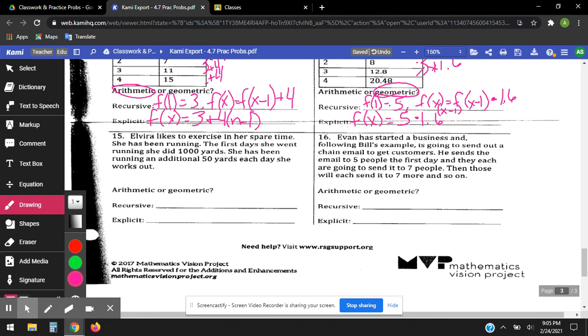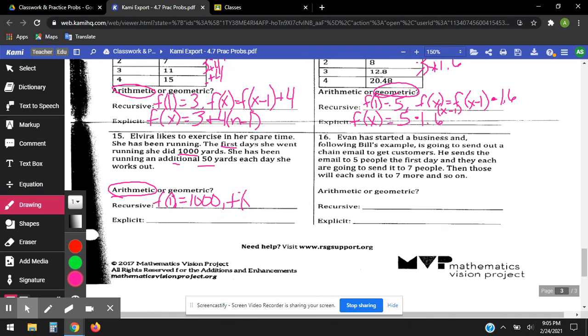All right, last two. Now, Valerie likes to exercise in her spare time. She has been running. The first day she went running, she did 1,000 yards, and she's been running an additional 50 yards each day she works out. So if she's adding 50 yards, that would be arithmetic. F of 1, her first day she did 1,000 yards.